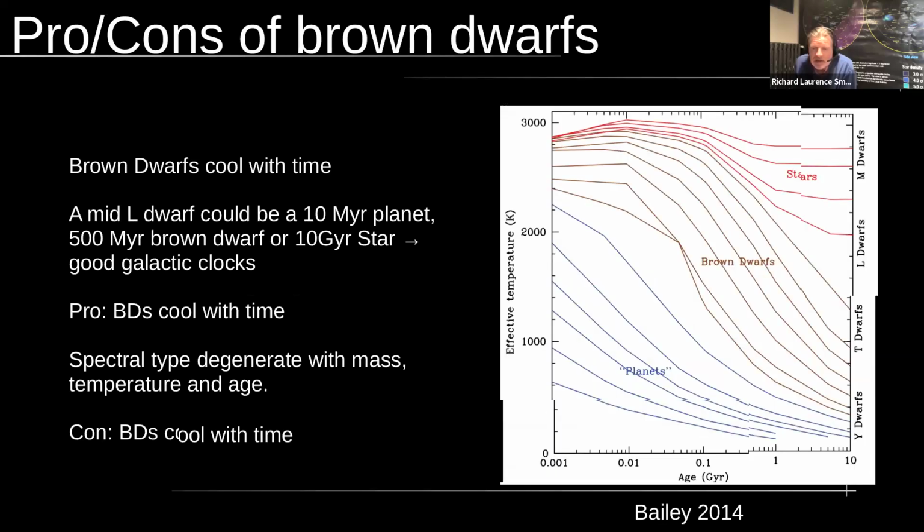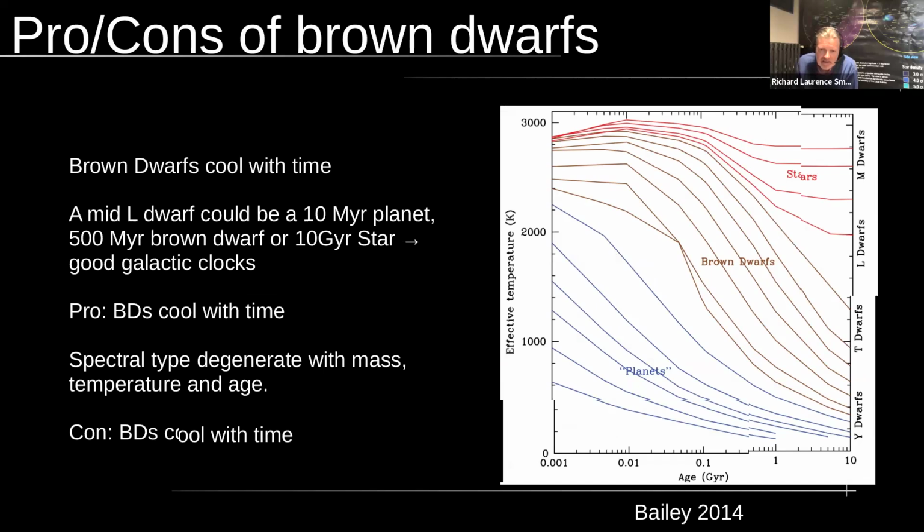They cool with time. Here we have the Bailey 2014 version of a Burrows plot that shows how stars cool over time. So they basically stay around the same temperature after about 1 gigayear.